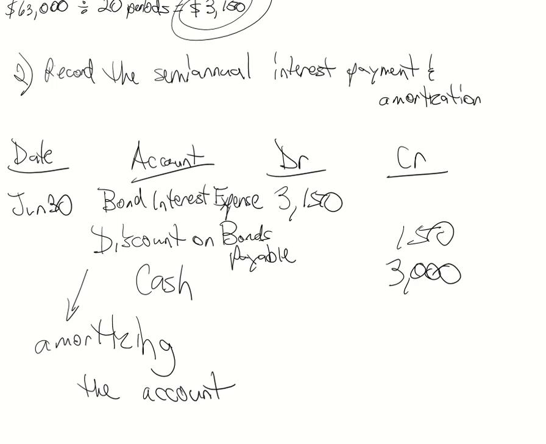And yes, again, there's a difference there. I know I'm repeating myself, but there's a reason for that. The difference comes from the contract rate versus the actual market rate. And on December 31st, you will make this same exact entry.